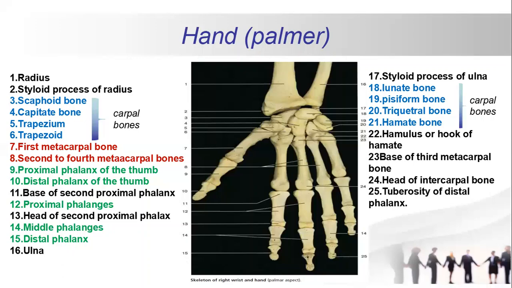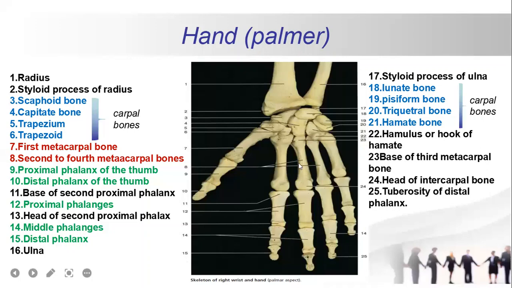Moving to number 7, we have the first metacarpal bone. The thumb is made up of the first metacarpal bone. Then number 8, we have the second, third, fourth, and fifth metacarpal bones.